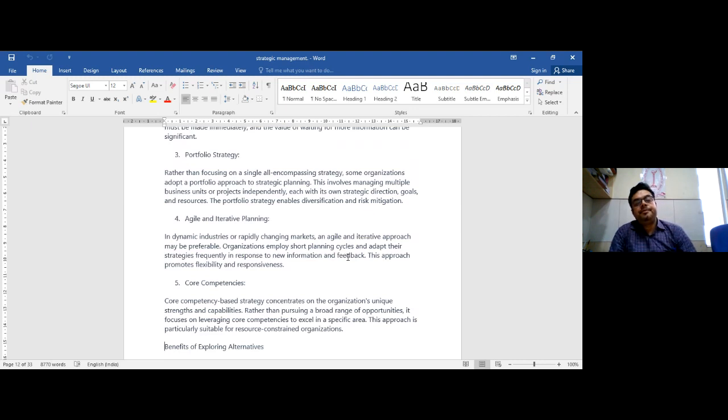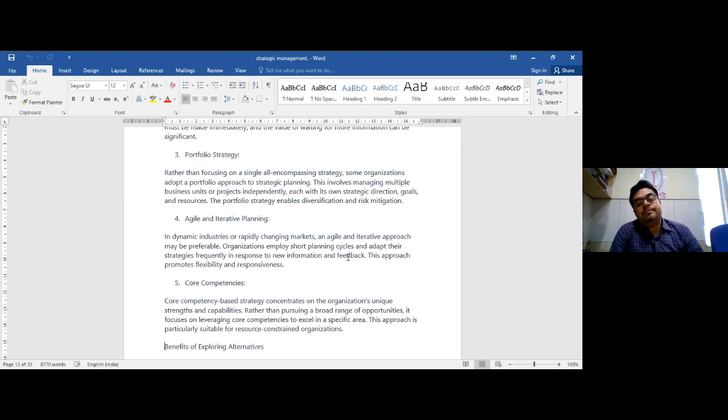Another dimension is the management of core competency, which tries to concentrate on the organization's unique strengths and capabilities rather than pursuing a broad range of opportunities.